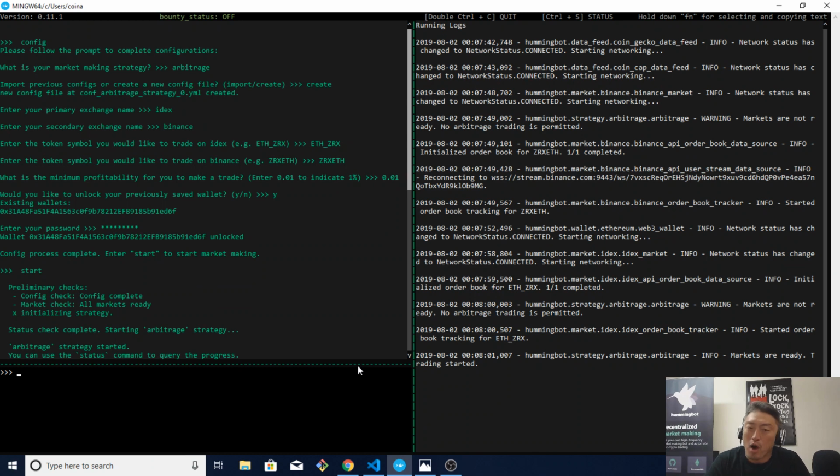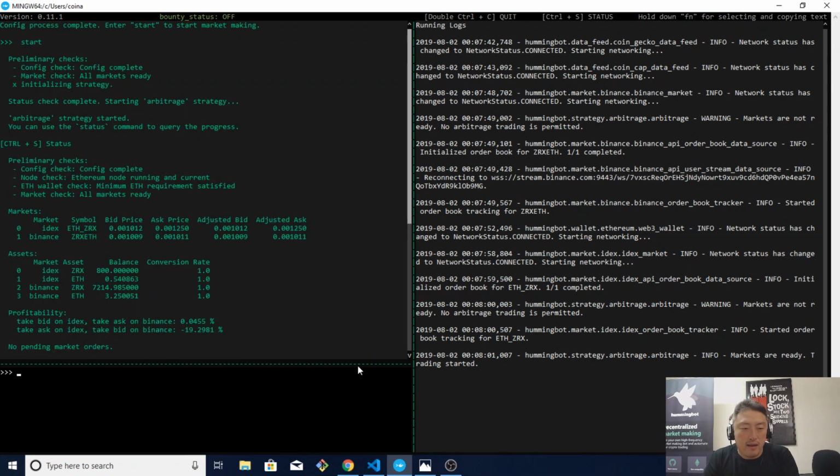Arbitrage does not send from Binance to IDEX. It assumes that you have inventory sitting on these two exchanges, so you don't have to wait for transactions to confirm. The way arbitrage works is that I already have a balance in IDEX as well as Binance.